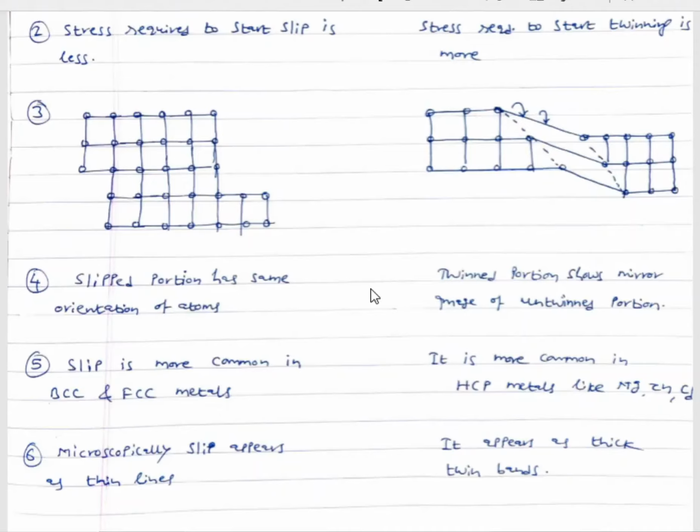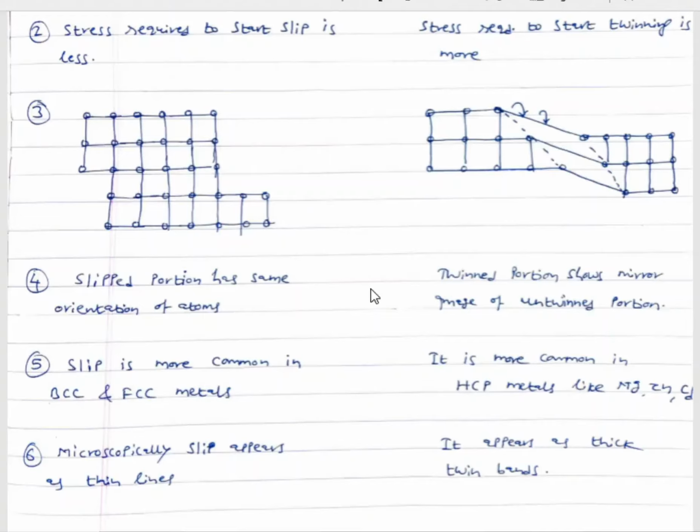The left-hand side and right-hand side portions are the twinned and untwinned portions, and the middle portion is the twinning plane, along which the plastic deformation by twinning has taken place.